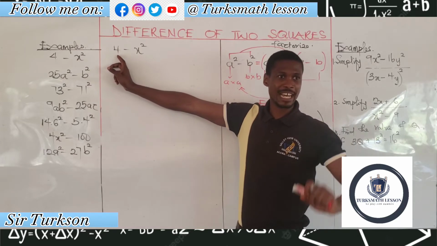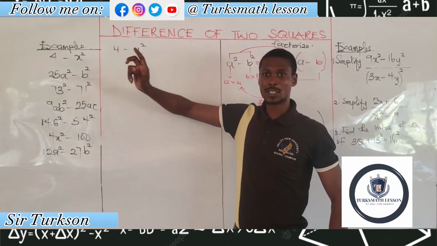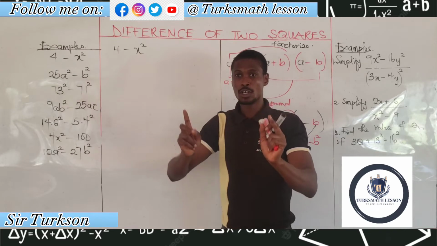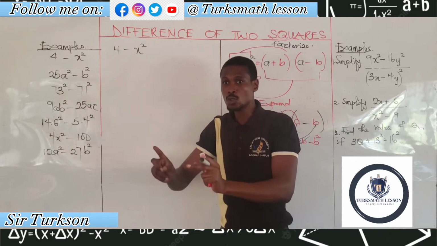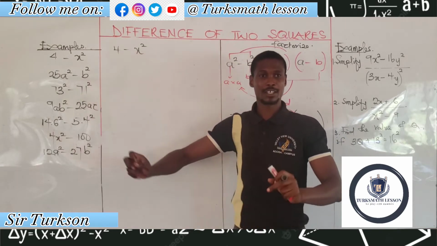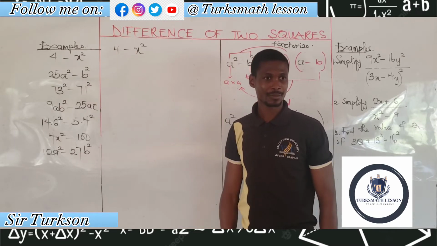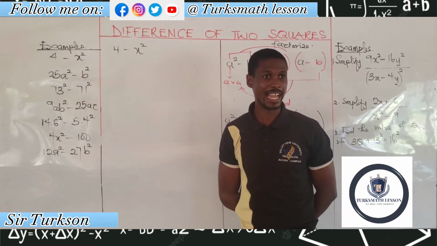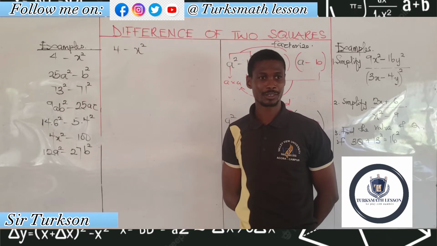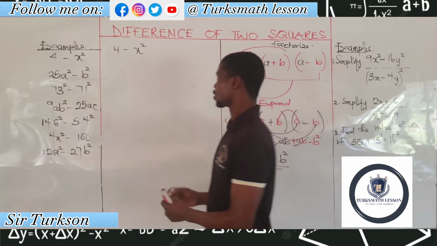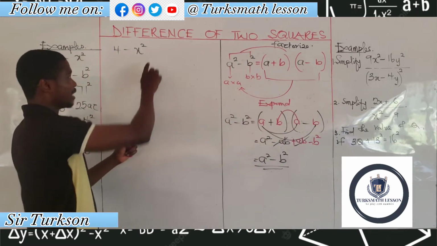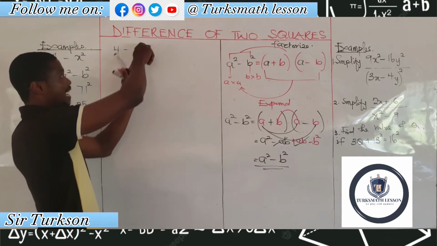And what are these two numbers? Yes, 2. 2 times 2 will give us what? 4. So we say it's a perfect square. Is 3 a perfect square? No. Very good.